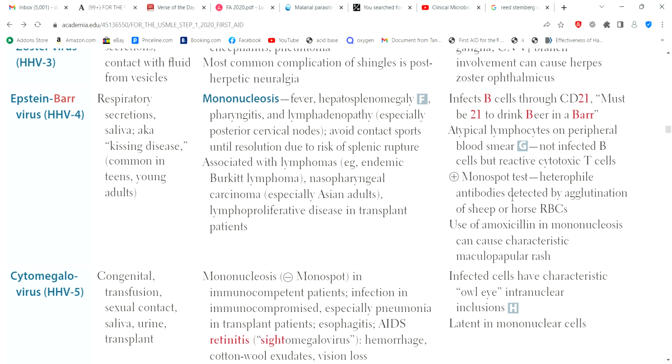So in Epstein-Barr virus, you have a positive monospot test, which is when heterophile antibodies are detected by sheep or horse RBCs being clumped together.